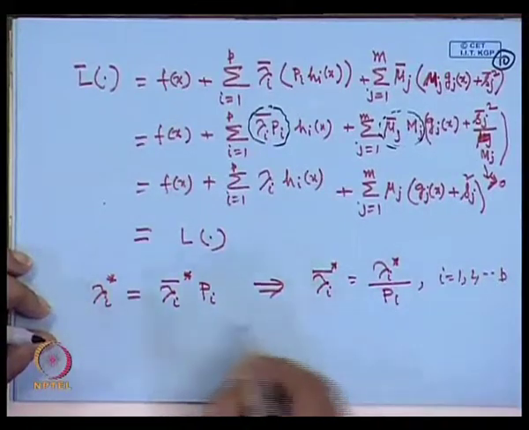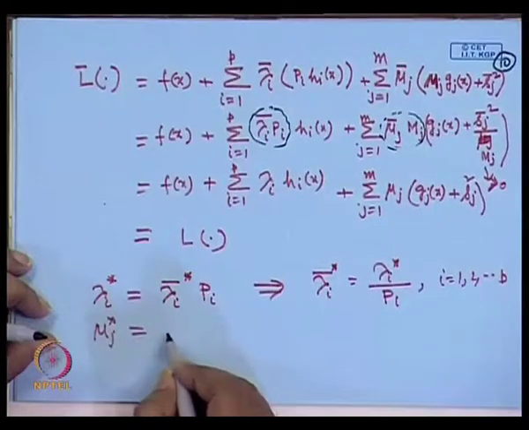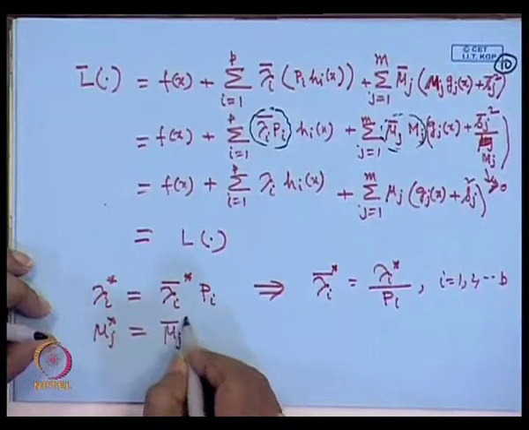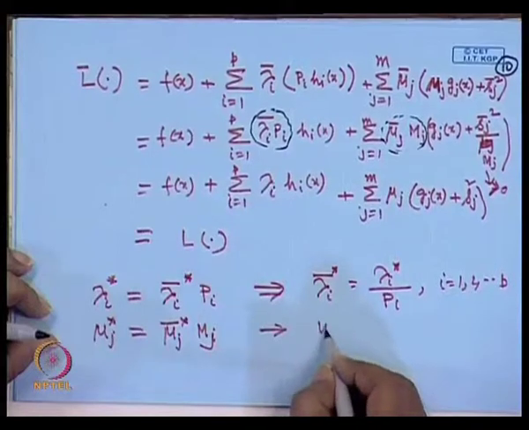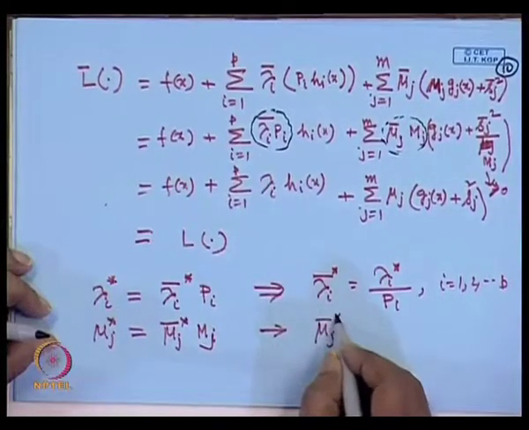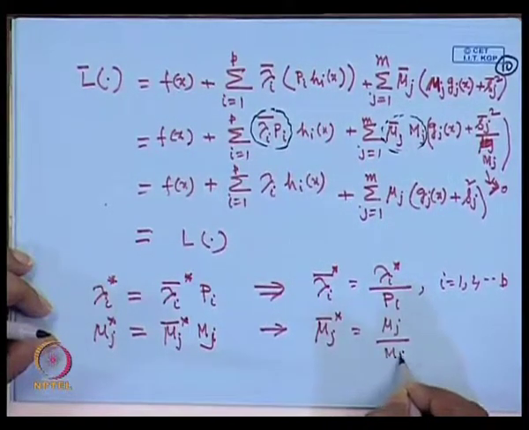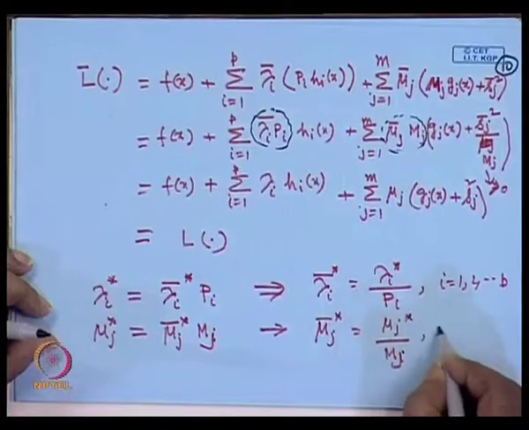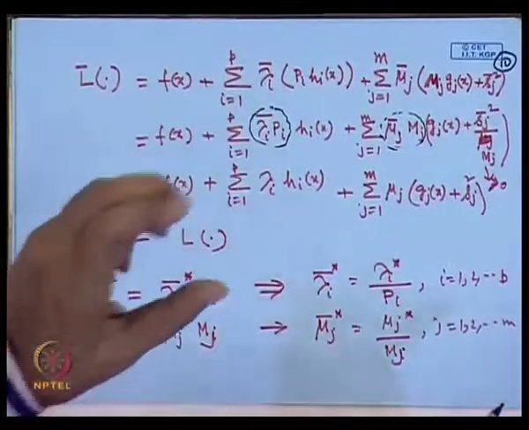Similarly, we can write mu_j star is equal to mu_j bar star m_j, and j is equal to 1 to m. So, if you multiply the constraint by a positive scalar quantity, both the equality and inequality constraint, the optimum point does not change, as the Lagrangian function remains the same.